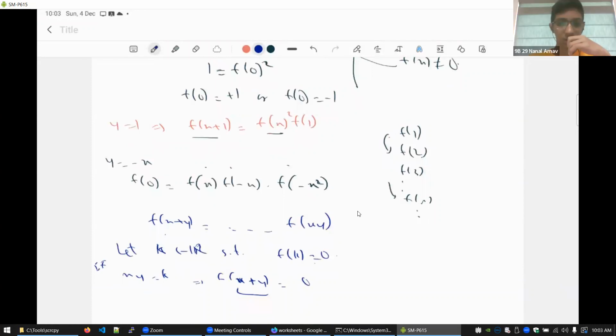Yes, sir, but not for all real numbers, right? Yeah, that now depends on what is the possible range of this x plus y expression. So you can try to think about, as xy is equal to k is satisfied, what is the entire set of real numbers which x plus y can span?